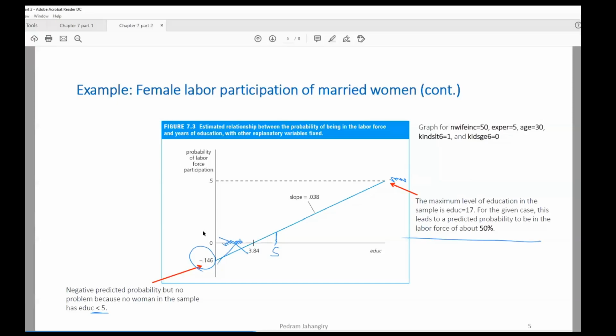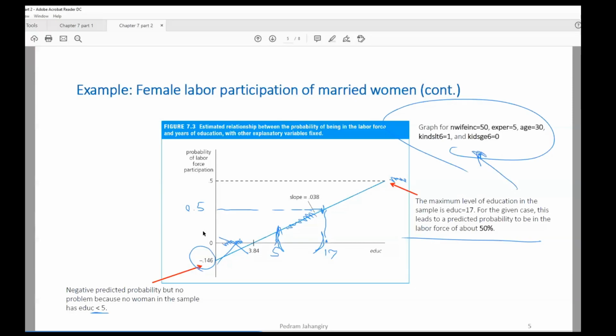The maximum level of education in the sample is 17 for this given case, okay? And this leads to a predicted probability of participating in the labor force of only 50%. So 17 is the max, and the probability is 50%. So the education is between 5 and 17, and between these two, the model is doing a decent job, giving you back some probabilities for this given data.